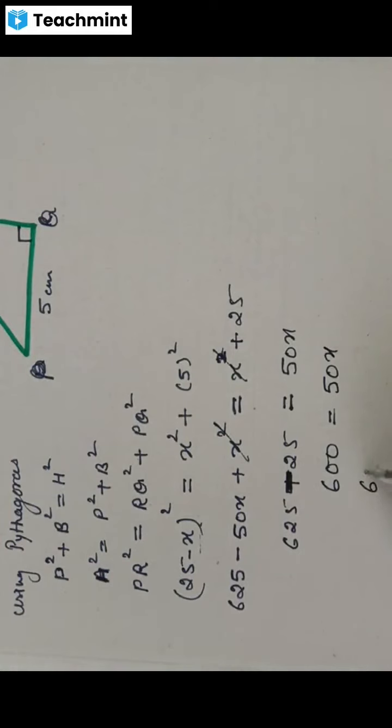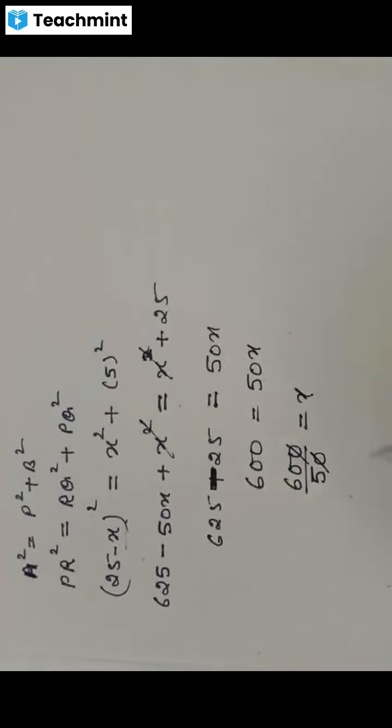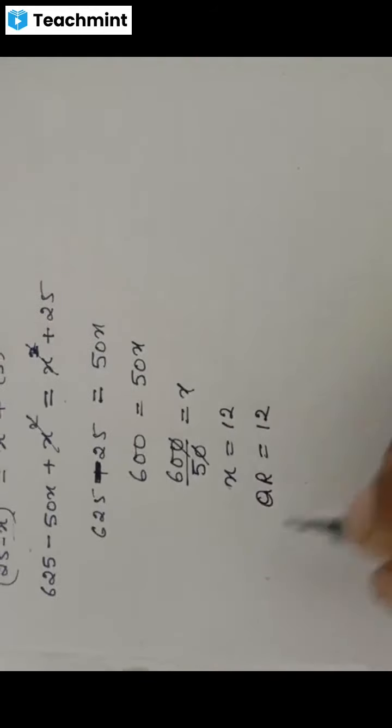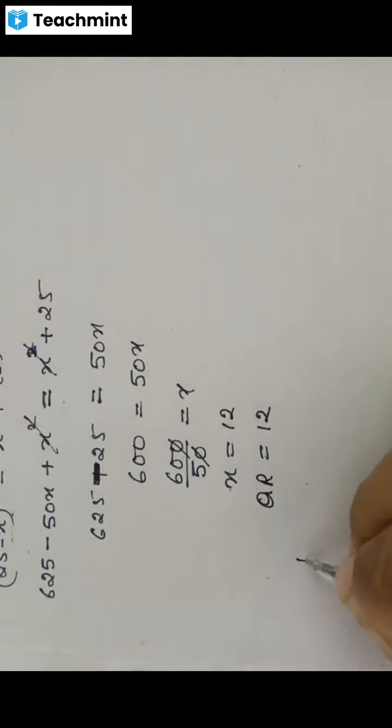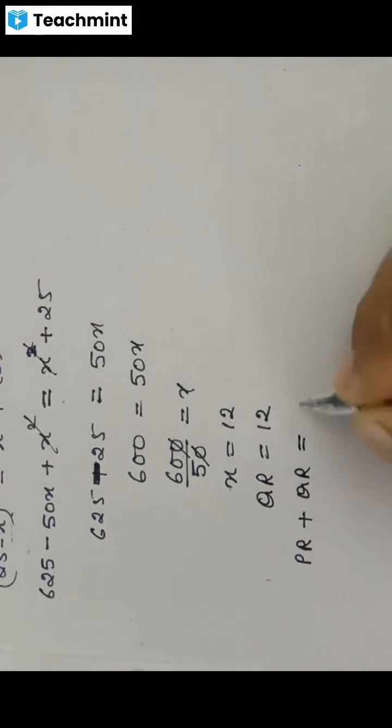50 is standing on that side, so it will be 600 upon 50 is equal to x. Now your x is going to be what? 12. So x is 12. Is it clear? That means QR is equal to 12. Once we have QR equal to 12, the initial given part was PR plus QR is equal to 25.